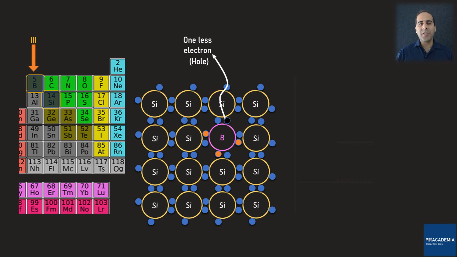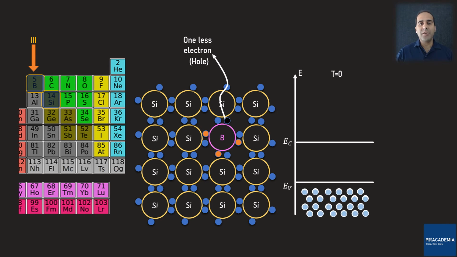In the energy band diagram at 0 degrees Kelvin, the valence band of silicon is full and the conduction band is empty. When boron is doped into silicon, a new energy level close to the top of the valence band appears. This energy level corresponds to the holes generated as a result of doping boron into silicon.